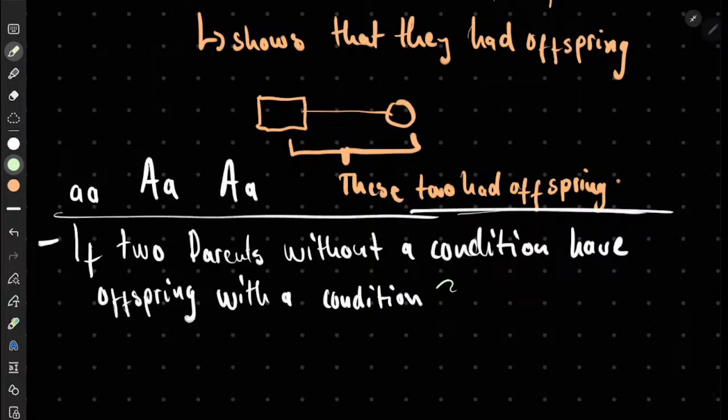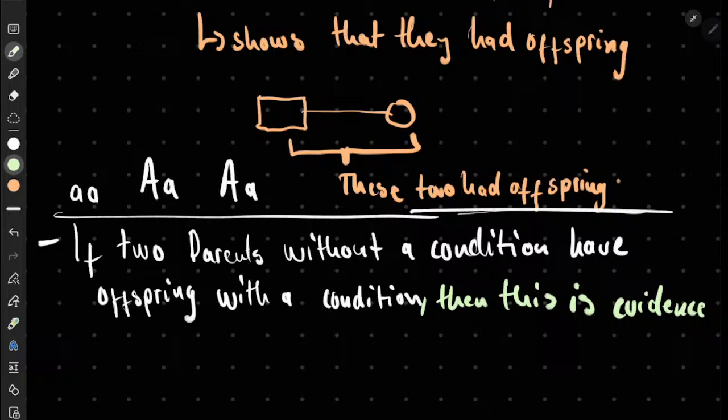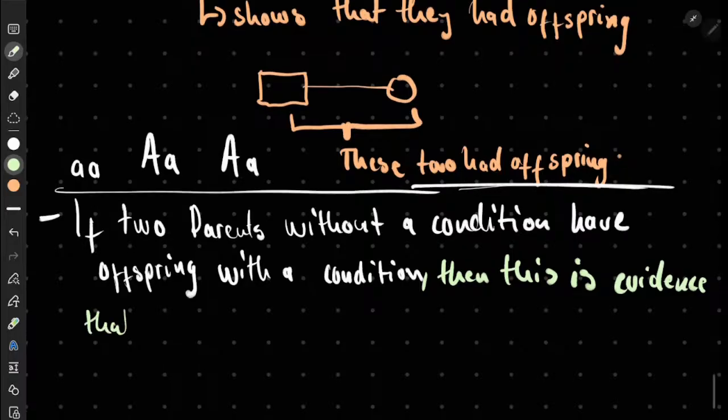If they have a child with a condition, then you should know that this is evidence. If they ask you, what evidence do you have that this particular condition is caused by a recessive allele? This is not a dangerous condition as long as you don't bring two parents with this thing together. That is why we say you don't marry your relative, because you bring recessive alleles together. But anyway, if the parents didn't have the condition but the child has it, this is evidence that the condition is caused by a recessive allele.